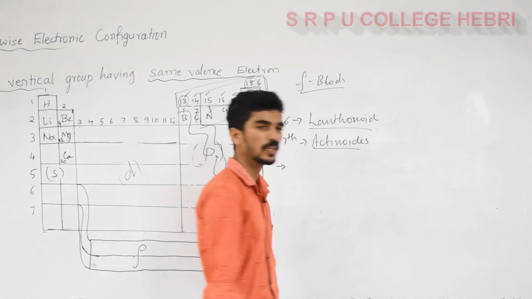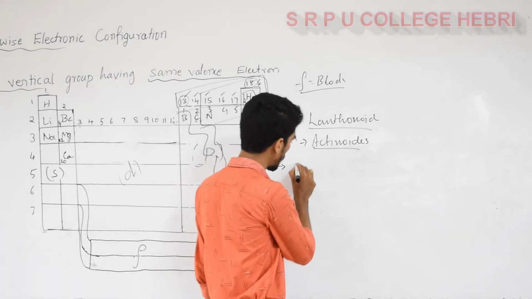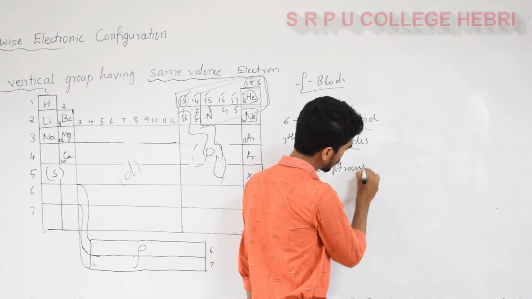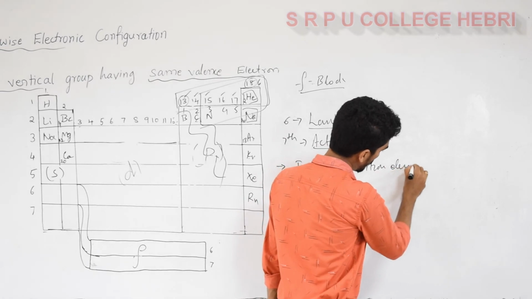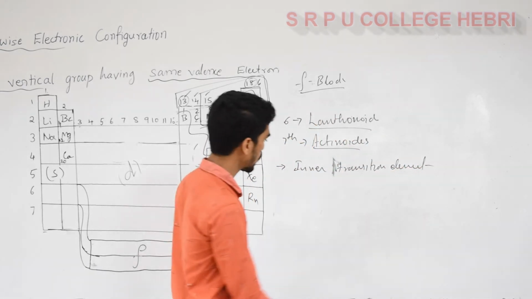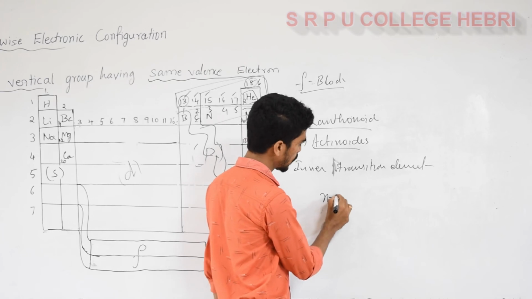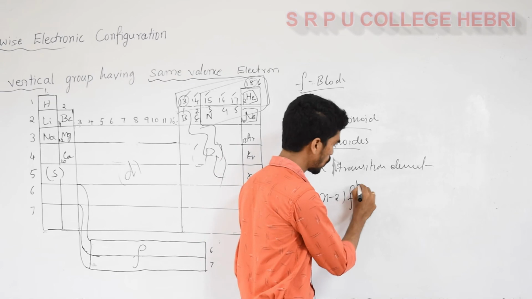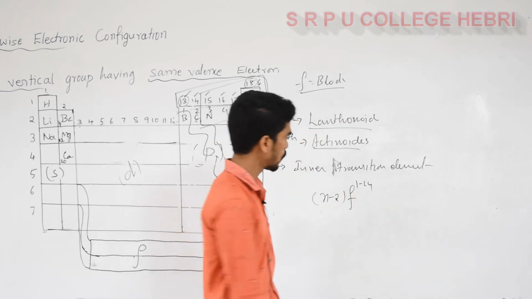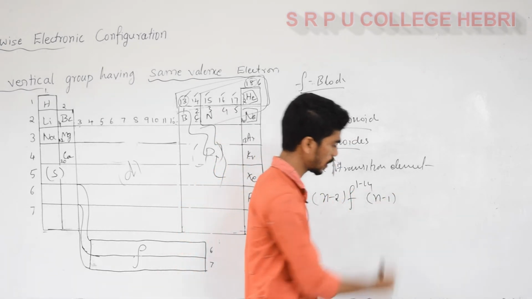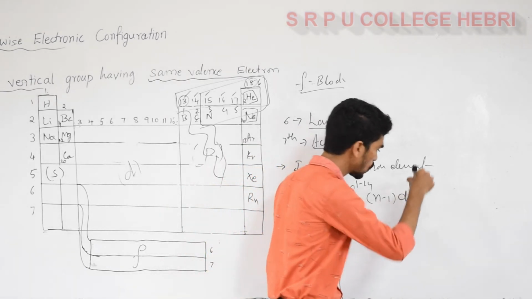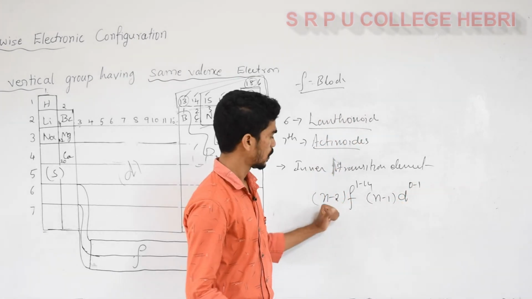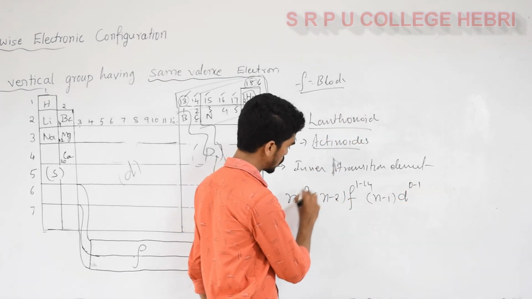Now what is the general electronic configuration? You should remember it is an inner transition element. Here the general electronic configuration is (n minus 2) f 1 to 14, then (n minus 1) d 0 to 1, and ns, where n is 0 to 2.